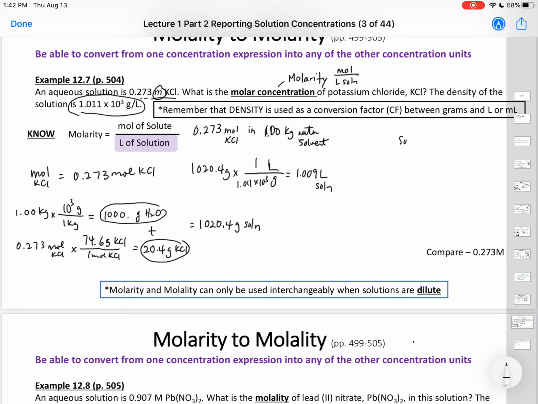Okay, with that in hand, we can then solve. Really the molarity is equal to the moles, 0.273 moles over the liters of solution, and this comes out to 0.271 moles per liter. I'm just going to write big M instead of moles per liter.